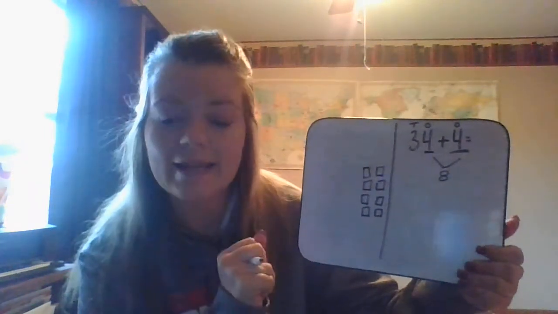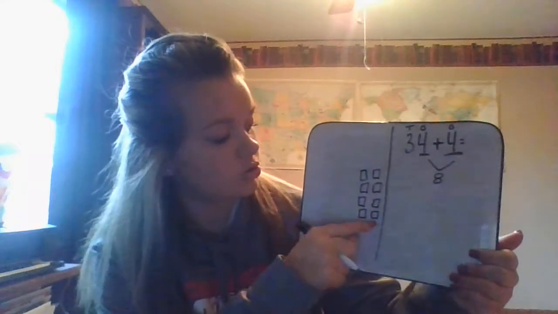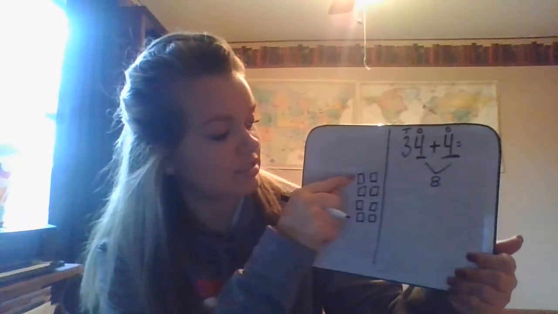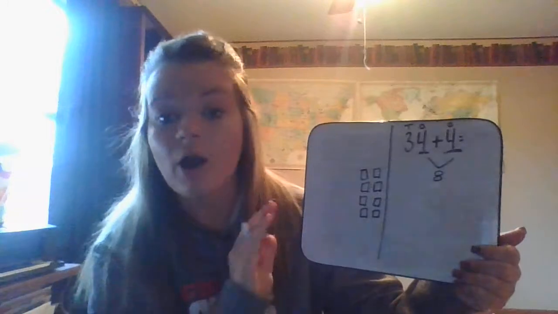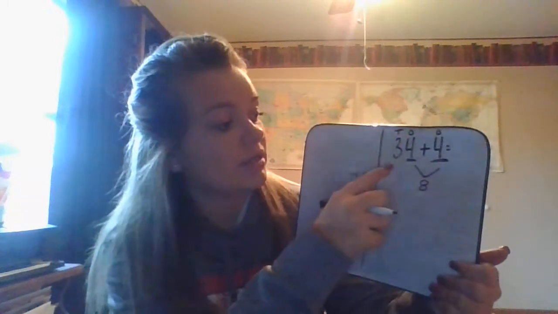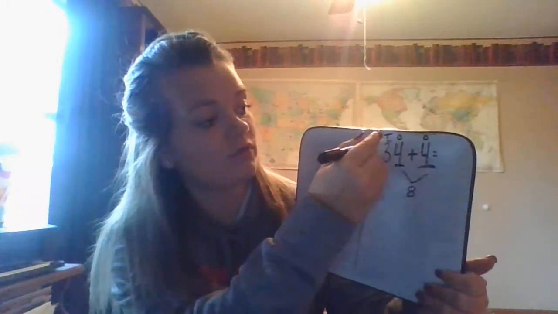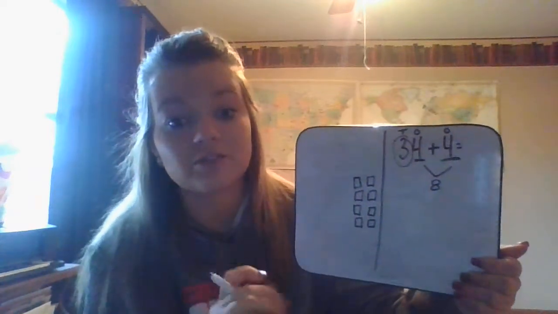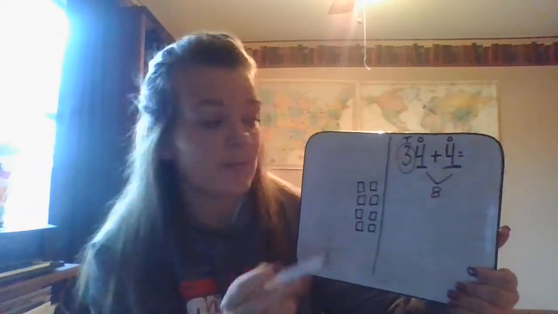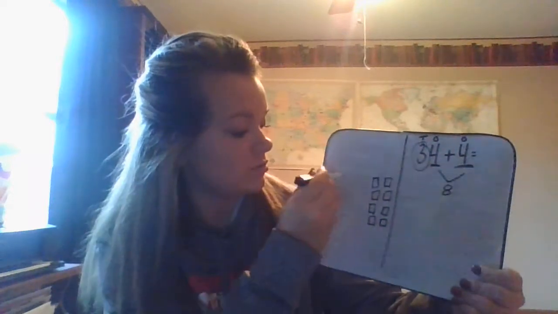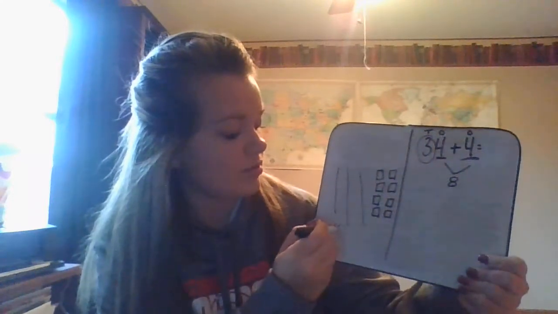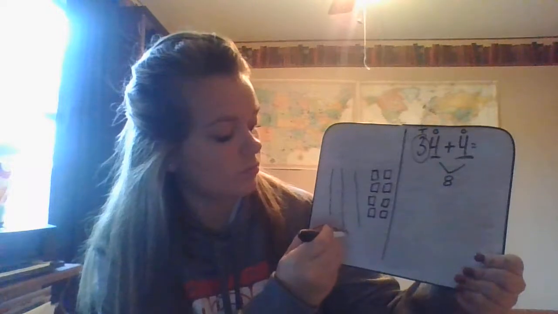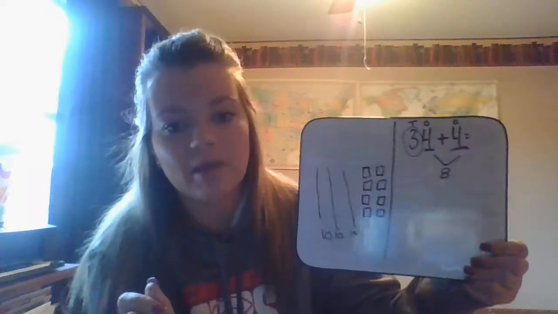Okay, so I went ahead and I drew my 8 ones. 1, 2, 3, 4, 5, 6, 7, 8. Okay, so I'm all done with my ones. Now I need to look at my tens. And I have 3 tens. Now be careful. Remember, it's in the tens place, so they're groups of 10. So I'm going to draw how many? 3. So 1, 2, 3. And I'm going to label them so I remember how to count them.